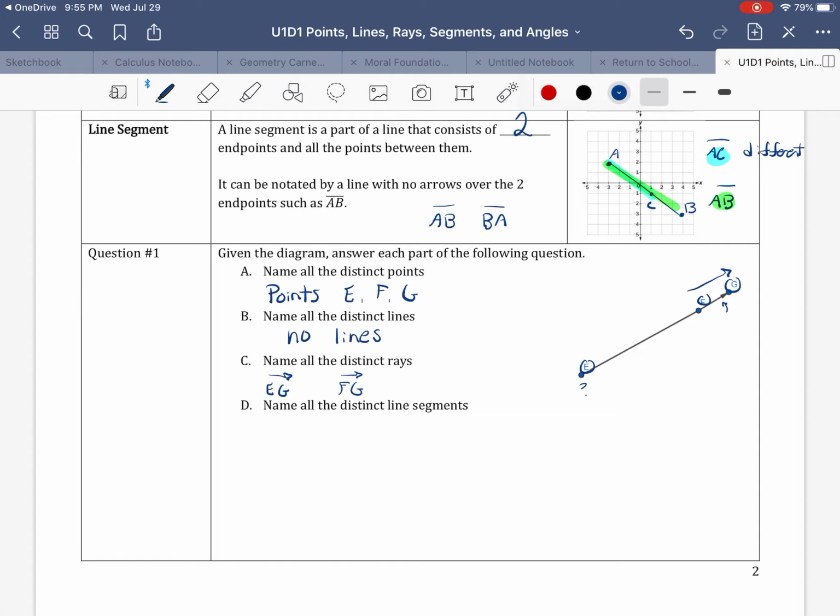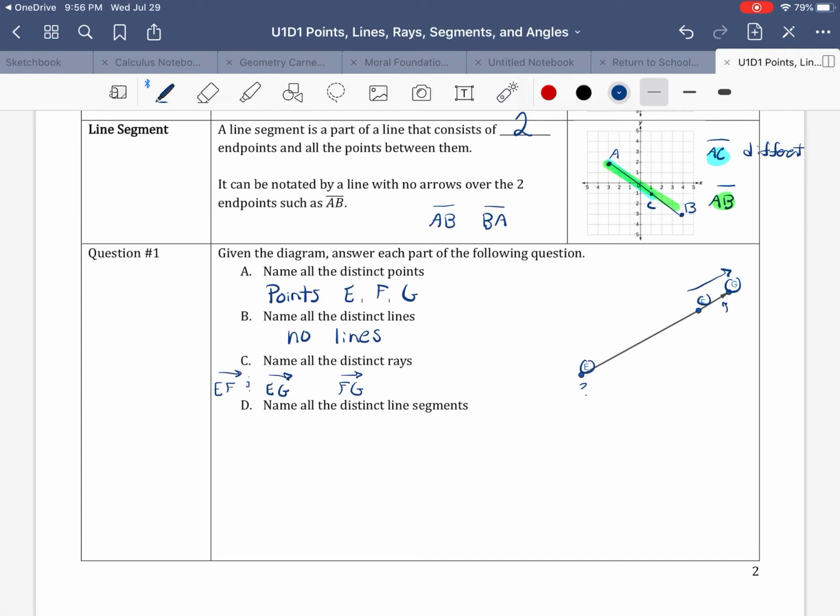What about ray EF? And what you'll find is ray EF and EG indicate the exact same ray, right? Because it goes through point F, it goes through point G, no matter how we're naming it, it is the same ray. So here you would put either of those, but we recognize they're the same one, so you only need to put one or the other, okay?